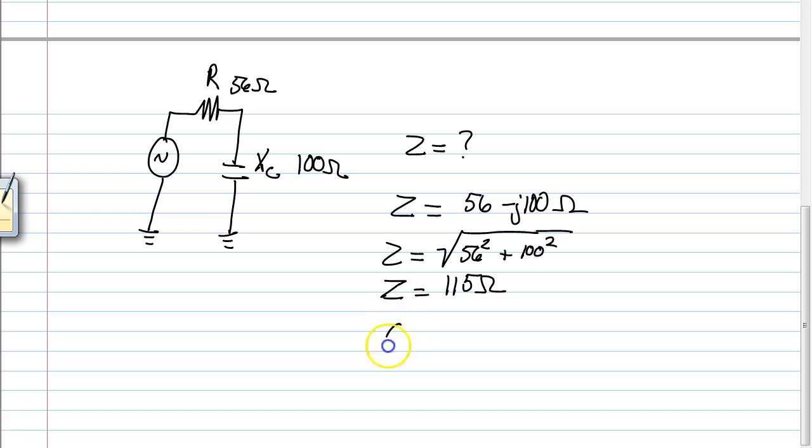Now we just need to find the angle. To figure out the angle, remember that we take the negative arc tangent of the capacitive reactance, which is 100, over the resistance, which is 56. That solution will be the angle that you need to get it in polar form.